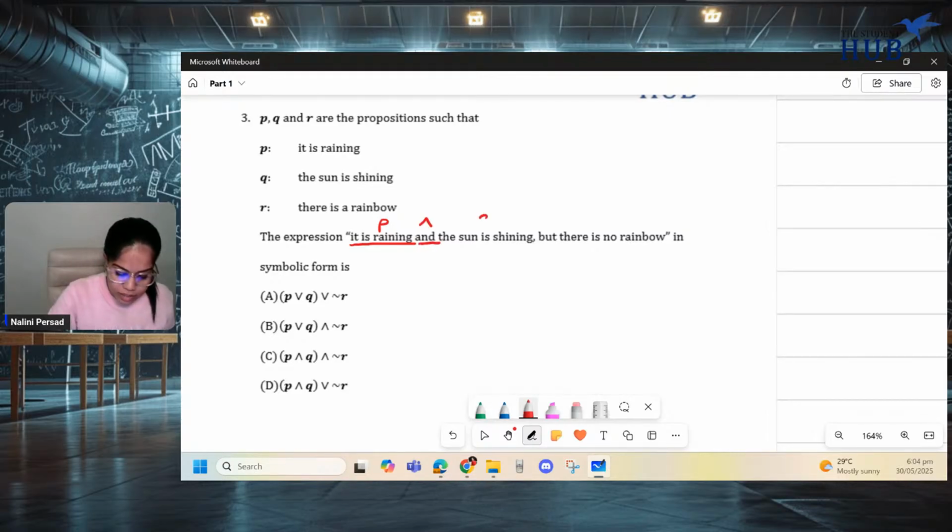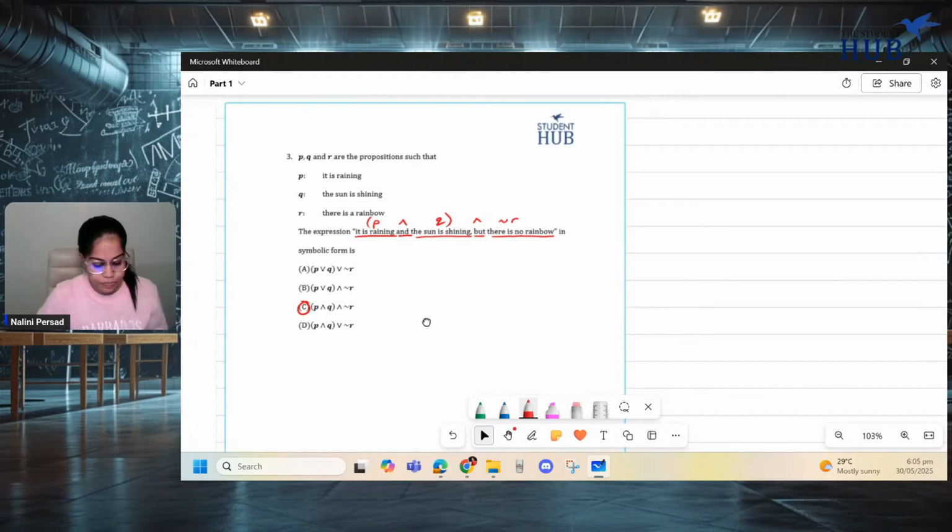The sun is shining is statement Q. Right, so P and Q. But there is no rainbow. So the word but, we will use an and symbol to represent that. There is no rainbow, so no R, not R. And everyone is correct with option C.